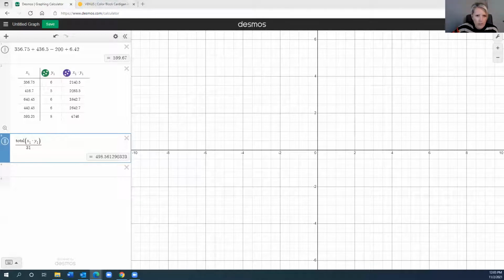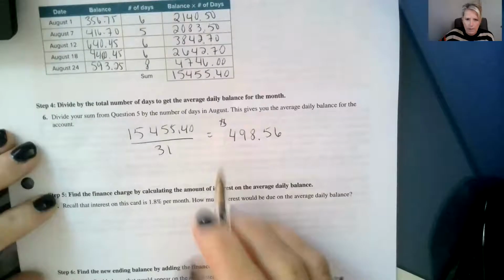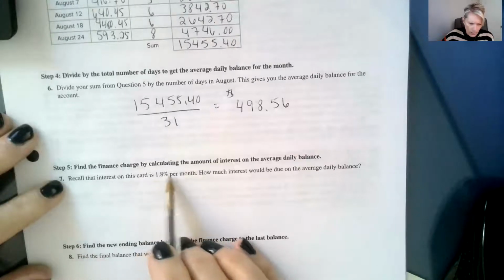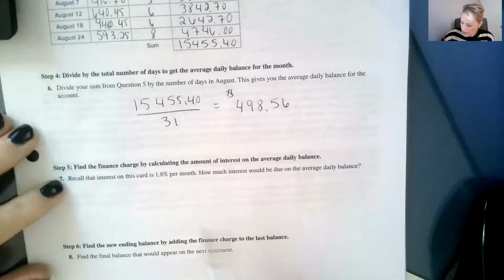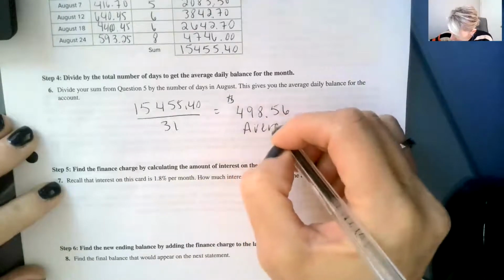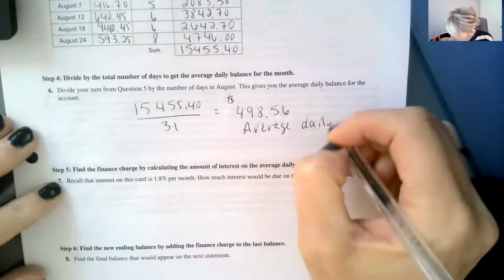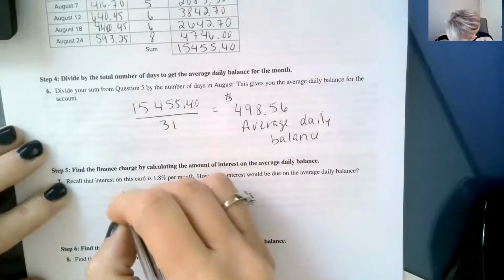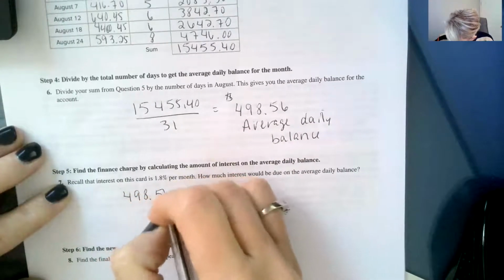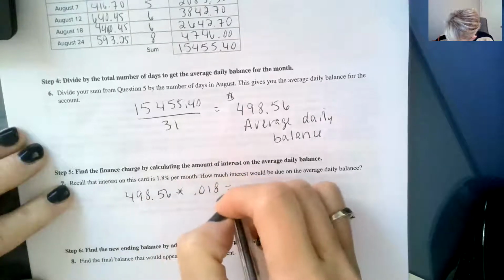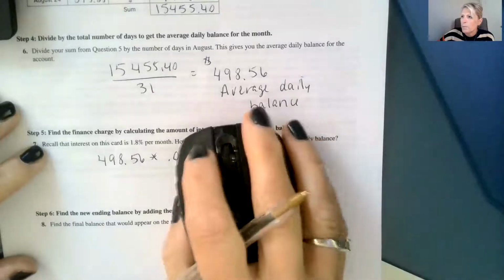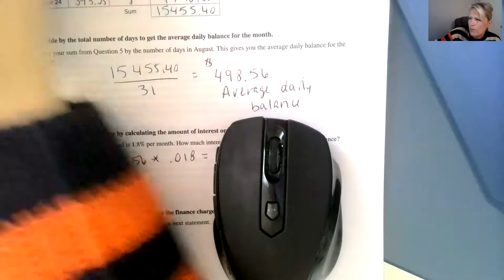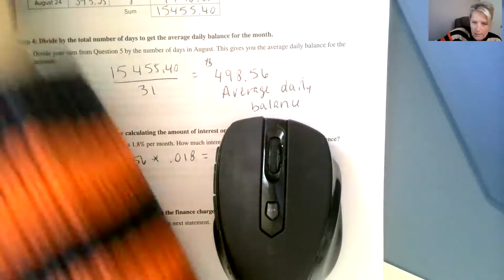So I'm going to show you here how I did that. So this is my average daily balance. Recall that interest on this card is 1.8% per month. How much interest would we owe on the average daily balance? 498.56 times 0.018.